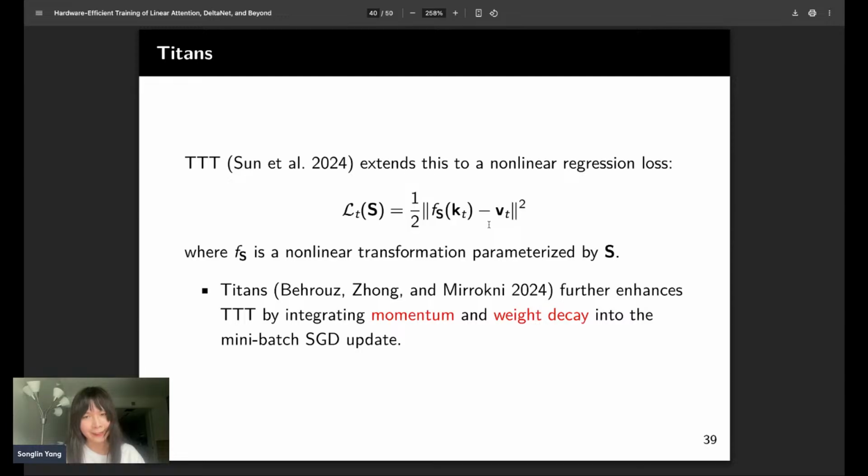So for TTT, they use nonlinear stochastic gradient descent to optimize this nonlinear objective function. But in Titans, they use SGD with momentum and a weight decay term to optimize this process. And we all know that the momentum term and the weight decay term have been widely used in stochastic gradient descent optimization. And this is why they can achieve better performance. So they have a better optimizer to optimize this more complicated objective function.